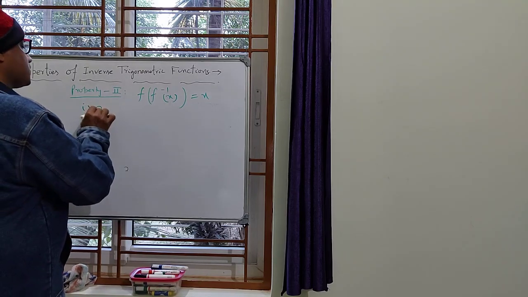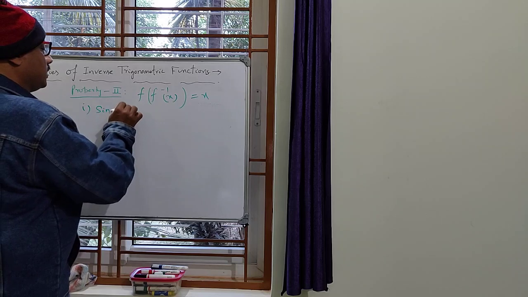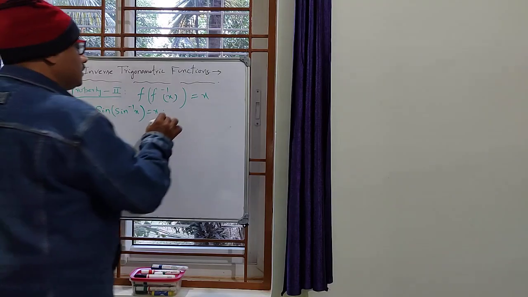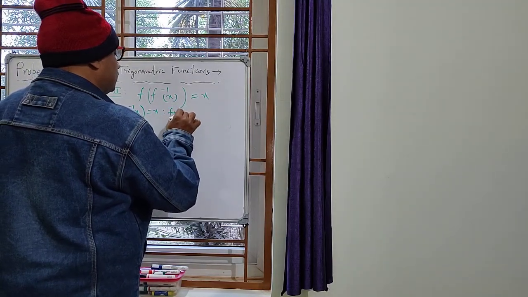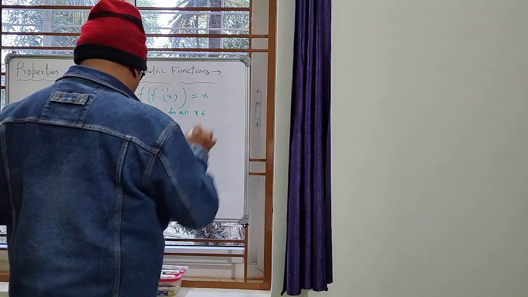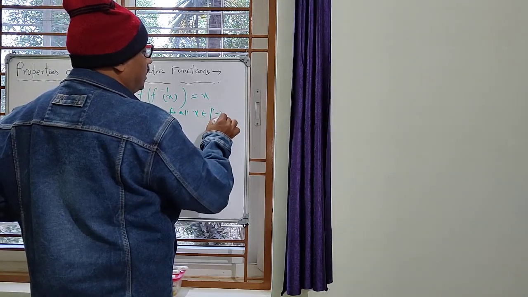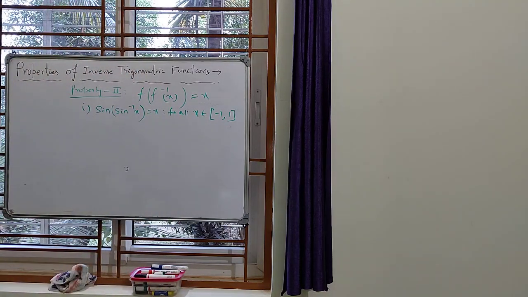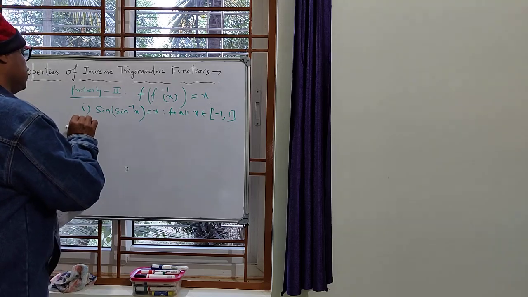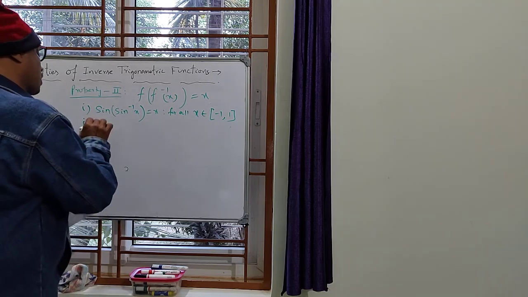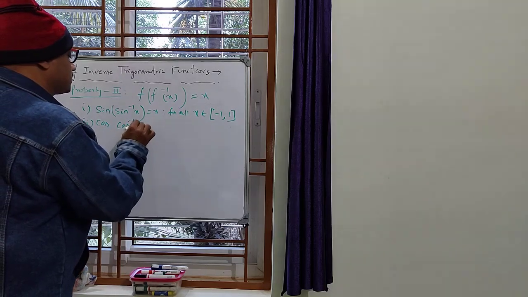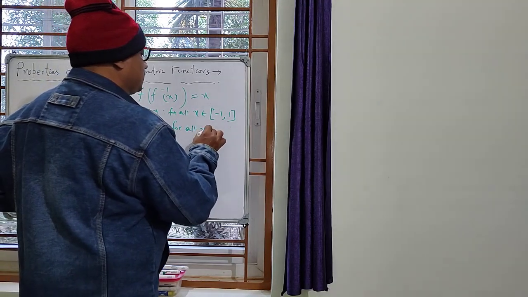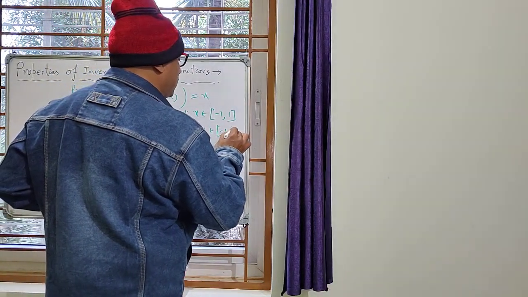Number 1, sine of sine inverse x equals x for all x belongs to the closed interval minus 1, 1. Number 2, cos of cos inverse x equals x for all x belongs to the same closed interval minus 1, 1.